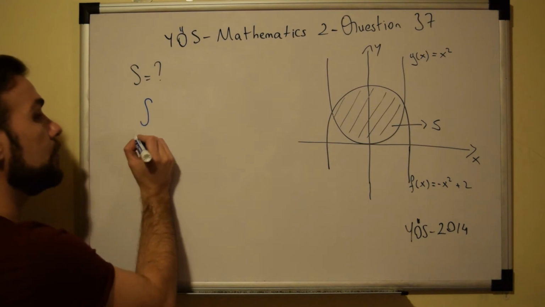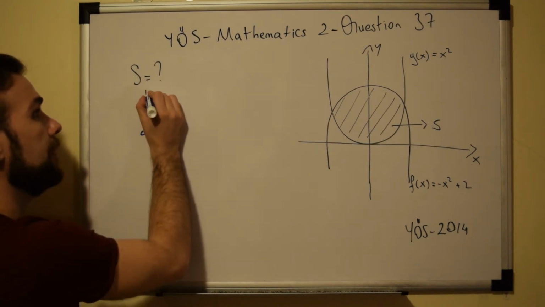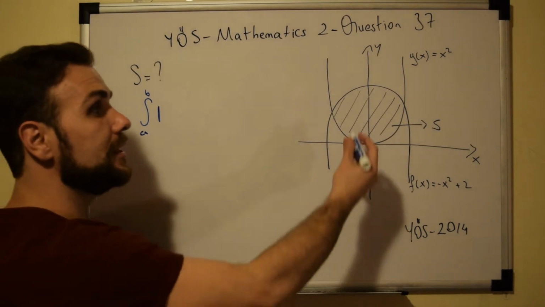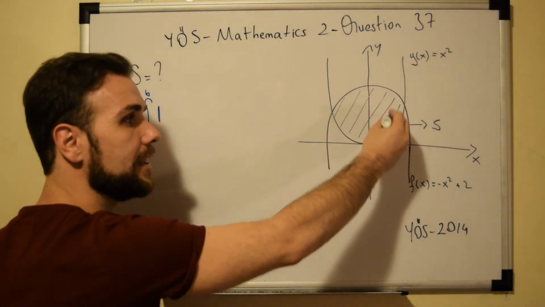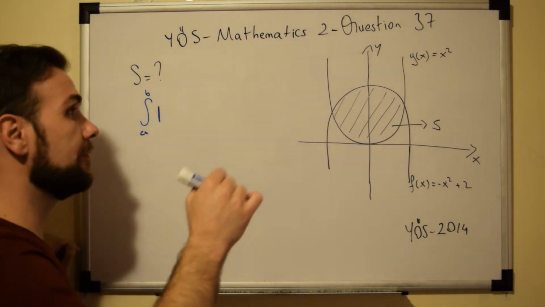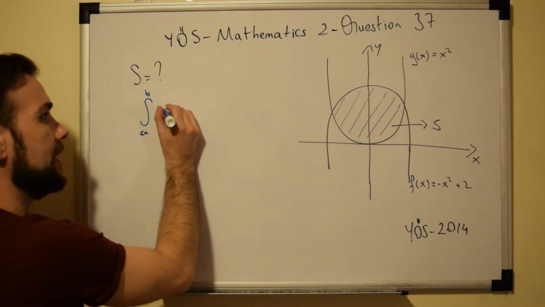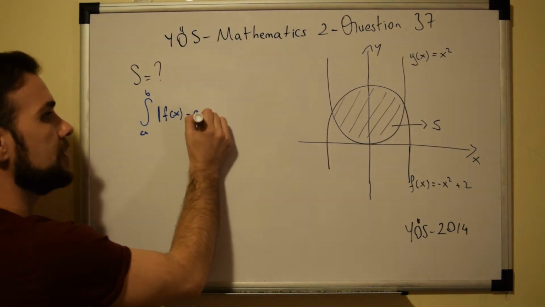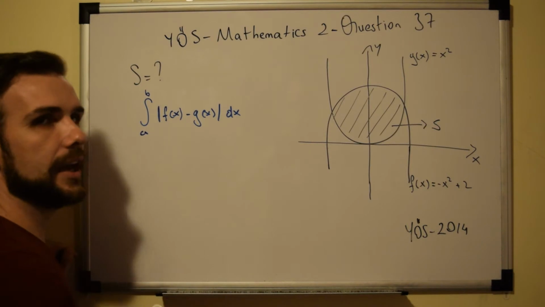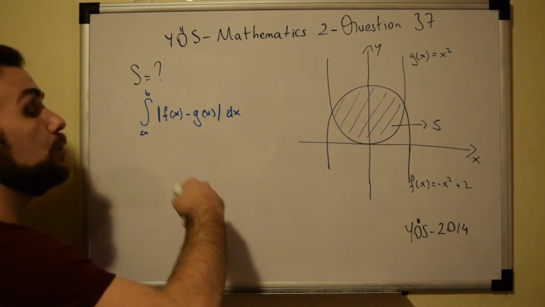So therefore I will say integral from a to b of the absolute value, because when you are asked to find the area of a certain sector, you will take the absolute value of, in this case, f(x) minus g(x) times dx. Now, what do we have to see here?